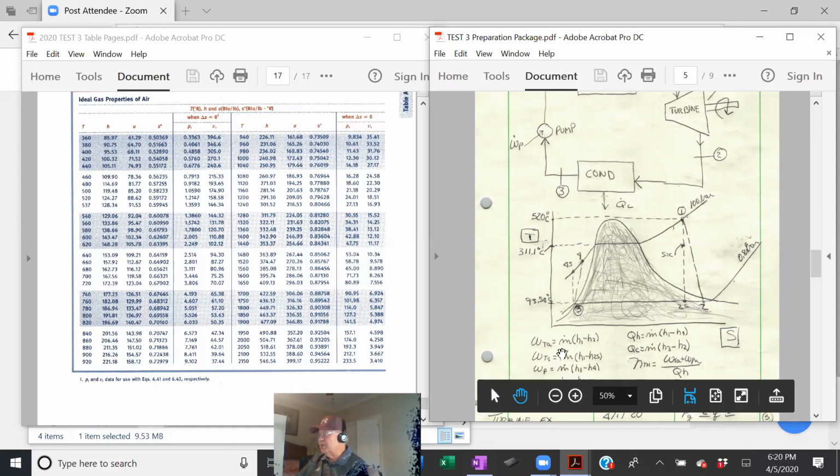The turbine isentropic work, which is going to be more, is H1 minus H2S. The pump work is going to be m dot times H3 minus H4.